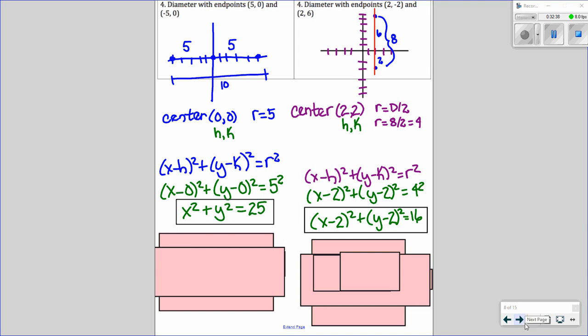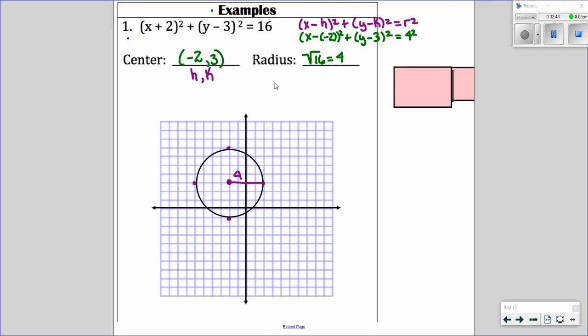And let's see, anything else. When it comes to graphing your circle, they give you the equation. Determine what your H and your K are, it's always the numbers. And in order to determine the center, whatever sign is in front of that number, do the opposite of it to give you the center.